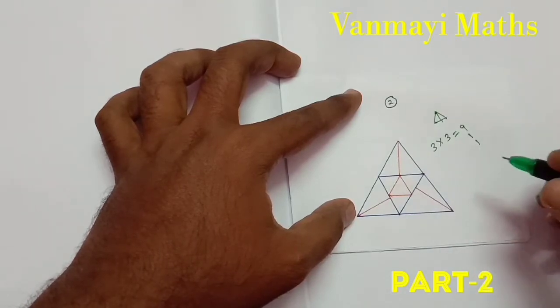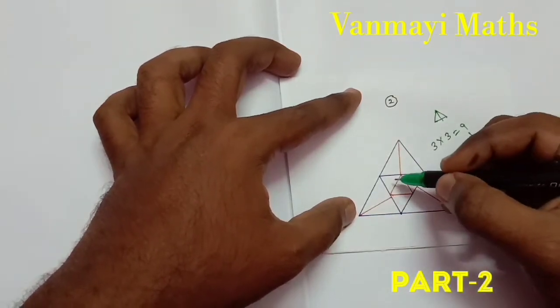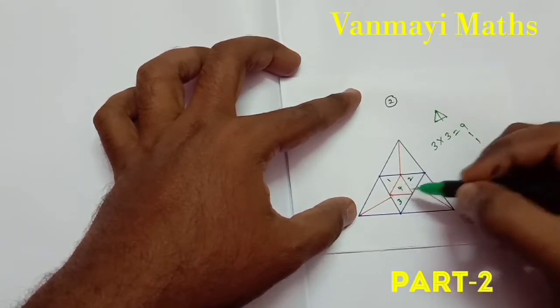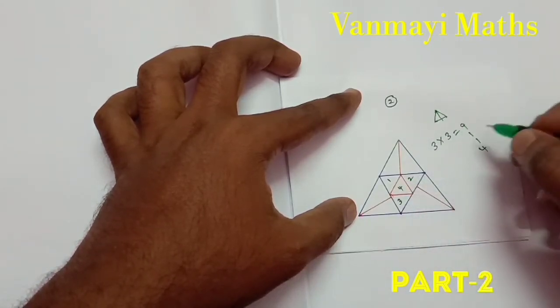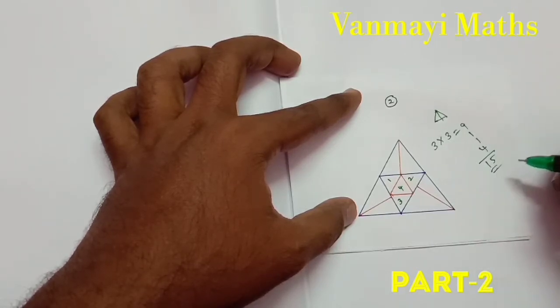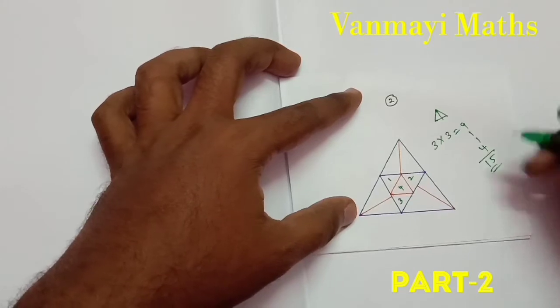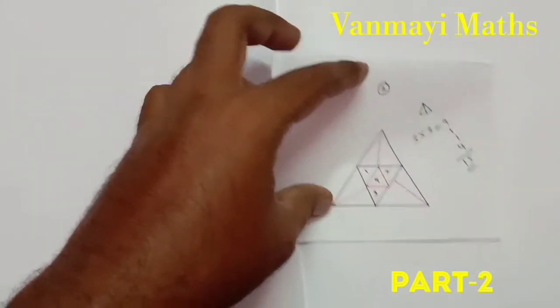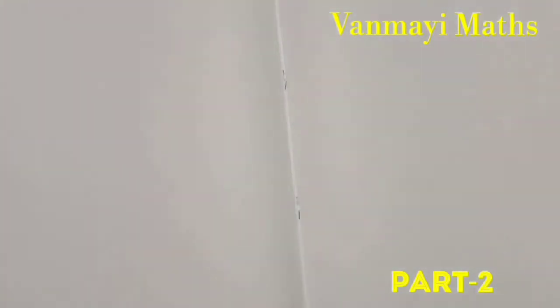Now observe in the inner one, again 3 plus 1, so total 4 triangles are there. So 9 plus 2 is 11, plus 4 is 15 triangles. So in the given picture there are 15 triangles. So this is one model.